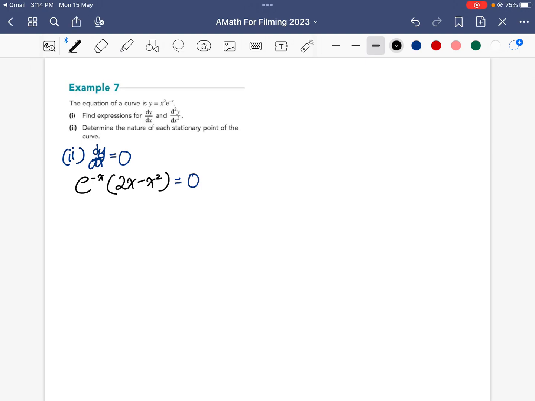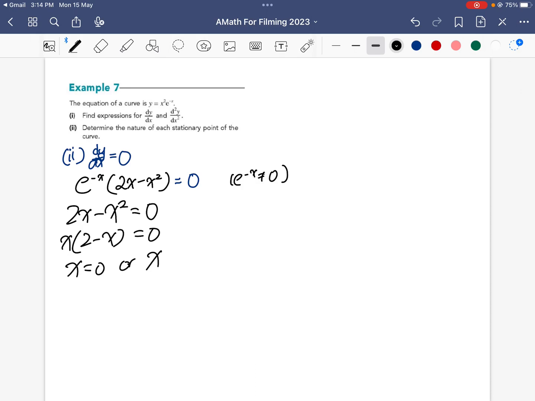e to the power negative x cannot equal 0. So what I'm left with is 2x minus x squared equals 0, x(2 minus x) equals 0, so x is 0 or x equals 2. Okay, so that is my value.